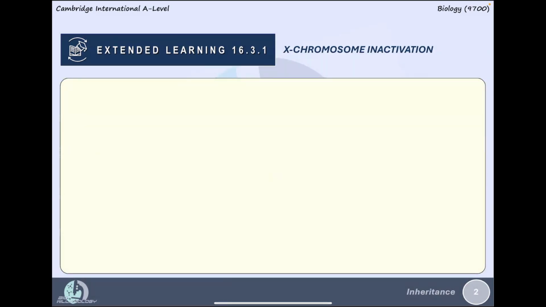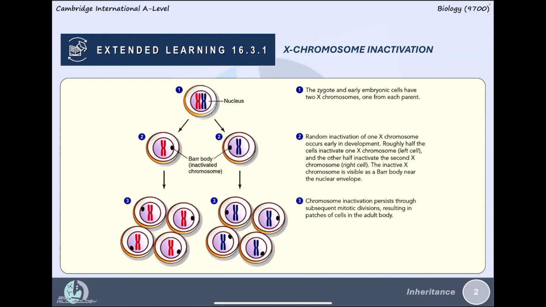So let us look at a diagram to show how X chromosome inactivation actually takes place. We can see that cell number 1 is the newly formed zygote. This newly formed zygote undergoes a few rounds of mitosis to form an embryo. In these cells, you can see that at first they have two X chromosomes, right?